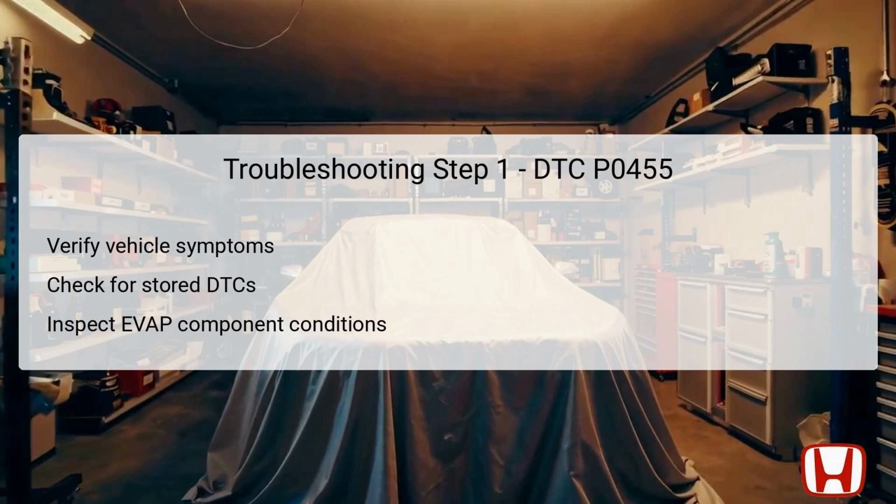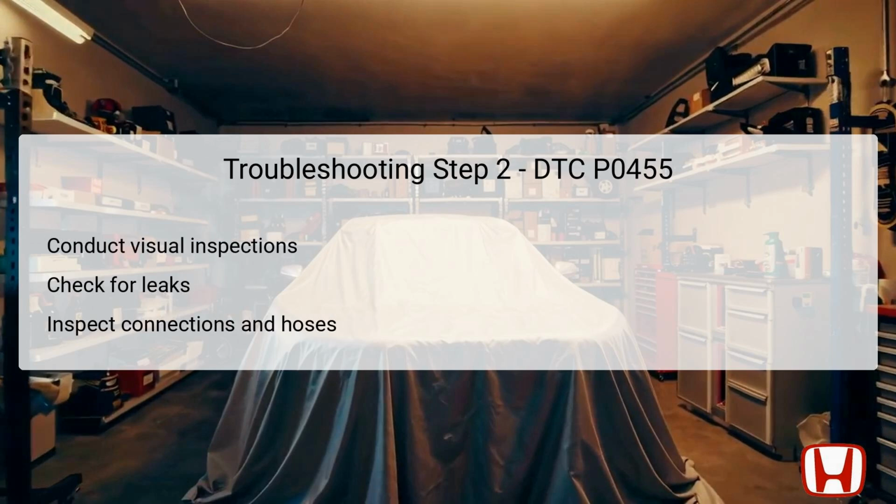Next, utilize a diagnostic scanner to retrieve any stored DTCs that may indicate other issues alongside the P0455 code. Additionally, inspect the EVAP system components, like hoses, the canister, and the purge valve, for any visible signs of wear, disconnection, or damage, which can give clues to the potential source of the leak.